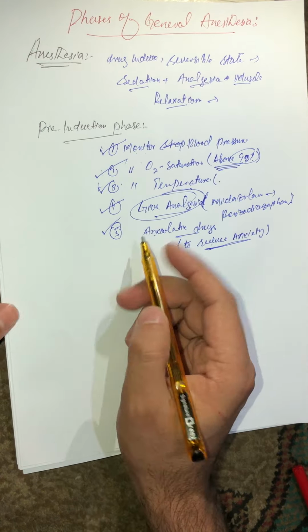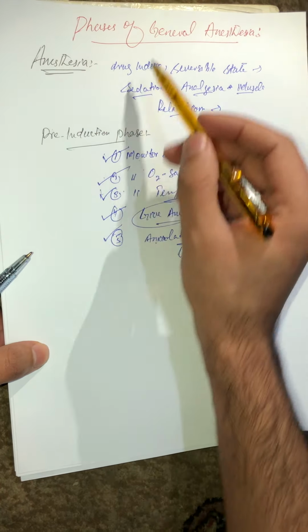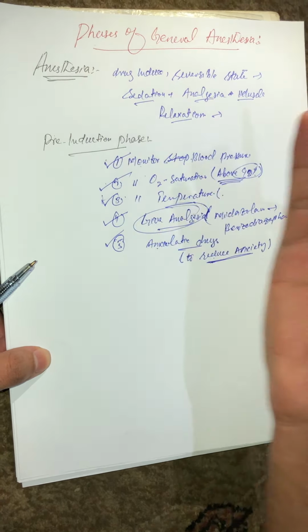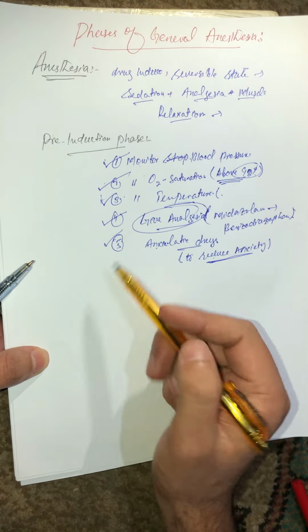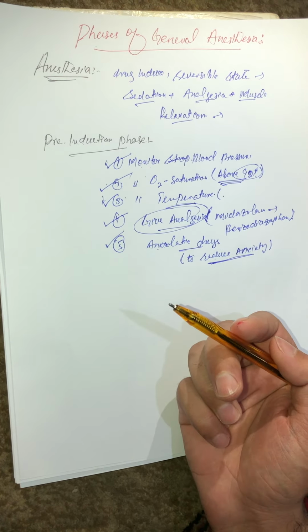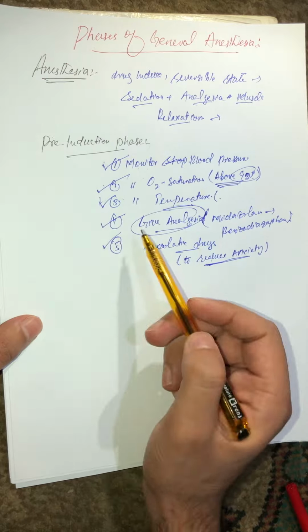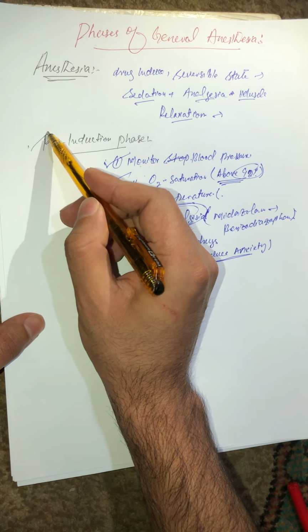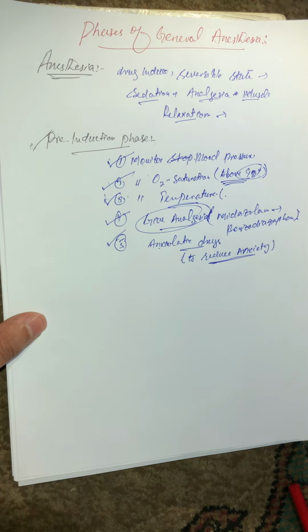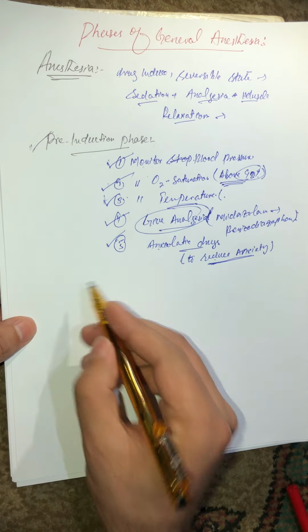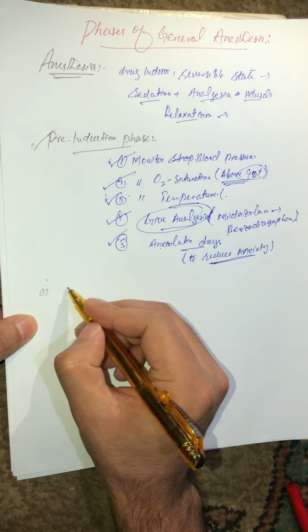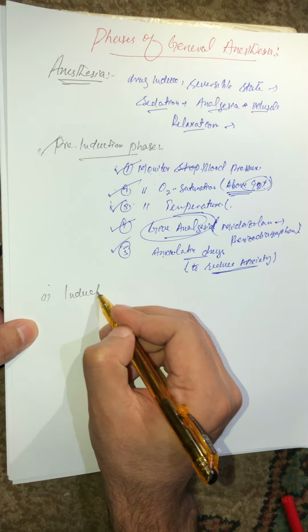Now, another stage is the phases of general anesthesia. There are three main phases included in the textbook, but this extra phase is not included in some books. So you must write this phase too. The first phase according to the book is induction.